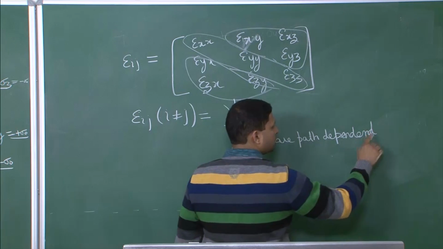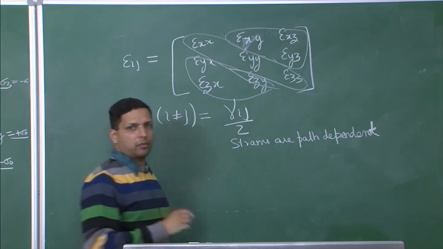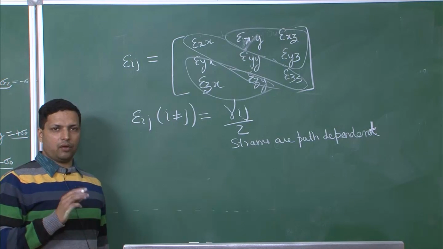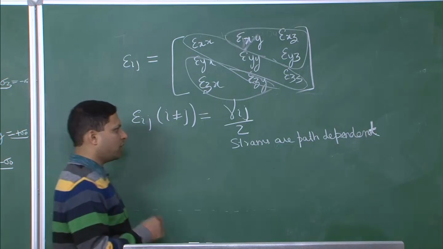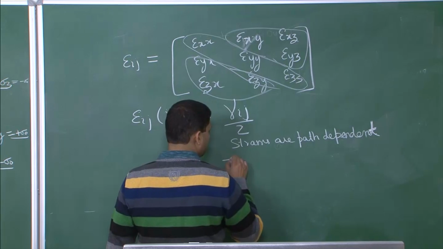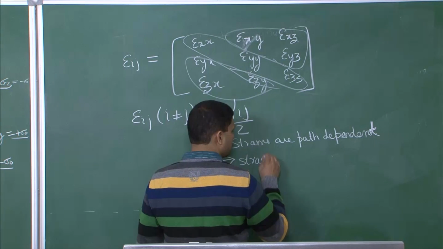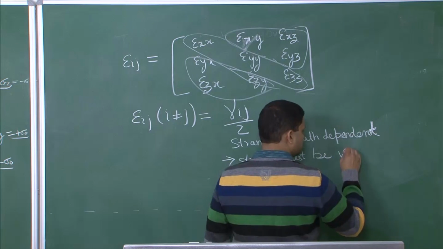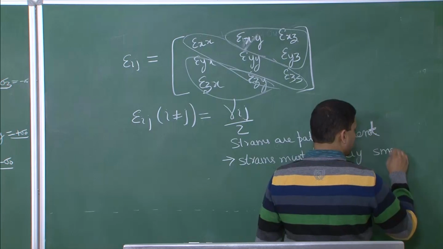Which implies that if you want to do some kind of transformation on these tensors, you have to be very careful. We will look at some of those constraints later on, but for the time being it suffices to say that the strains must be very small for any such mathematical transformation.